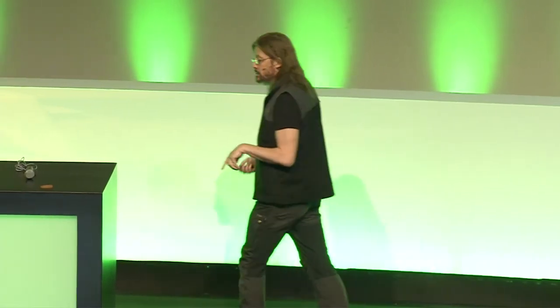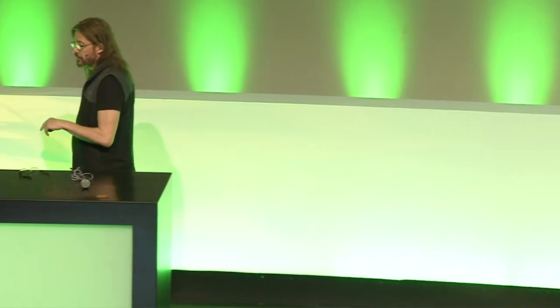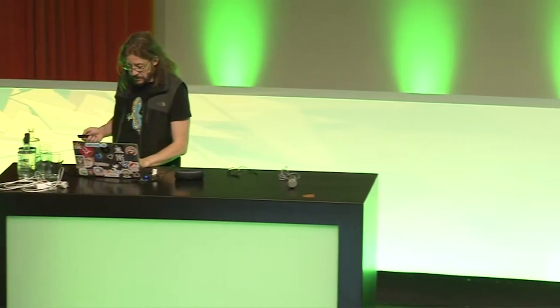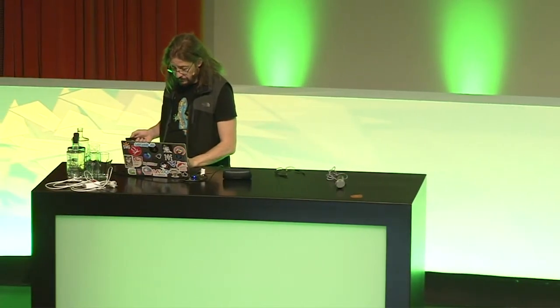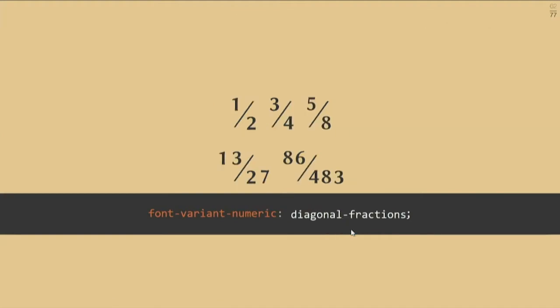Instead, what you do is you put a slash like this, and then you turn on a single OpenType feature, and suddenly they all turn into fractions. Now, this is much better. It's a good fallback, because if it's not supported, it's still readable. It's still indexable, searchable. It still works with text-to-speech and so on. But it looks nice.